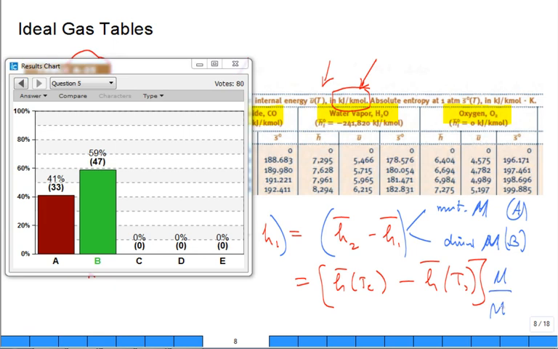Who answered B? Why did you answer B? Because you're probably thinking what the units of big M are. And the units of big M are kilograms divided by kilomole. And I need H in kilojoules per kilogram. True? So your units really help us here, guide us to the right formula. So B was correct. True?